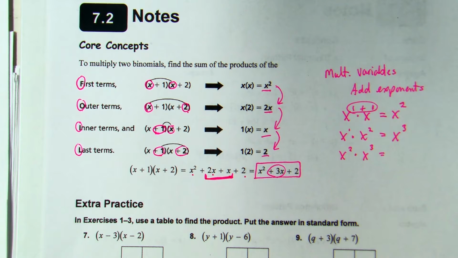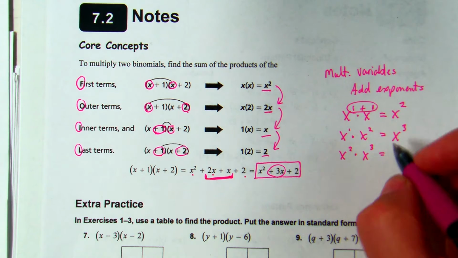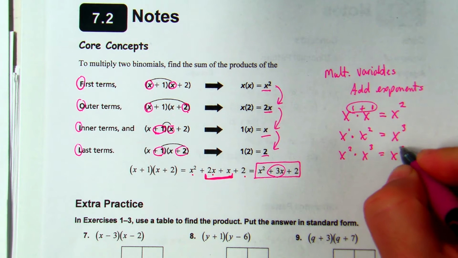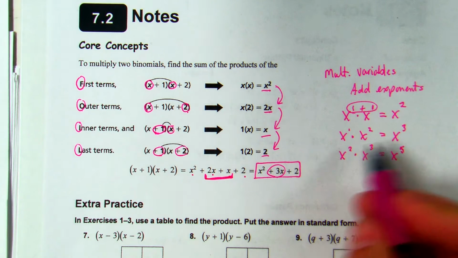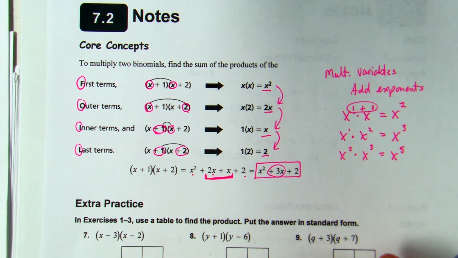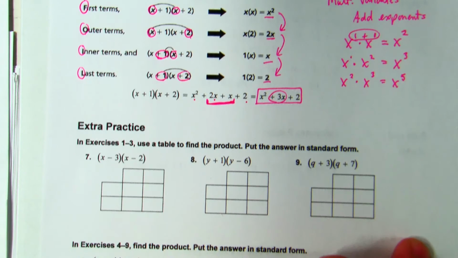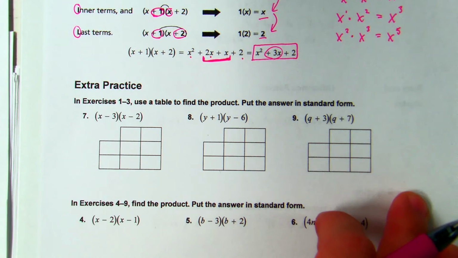X to the 5th power, 2 plus 3, which would be x to the 5th power. So when we're multiplying variables, just remember that rule, that we're adding those exponents. And that will save us from getting in trouble with the wrong exponents on our variables when we multiply.